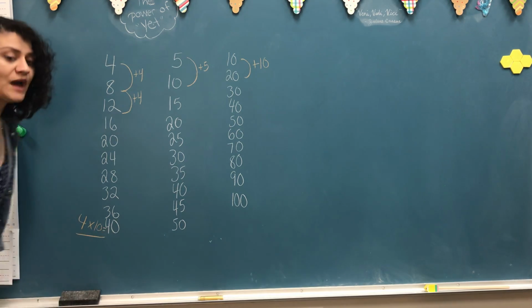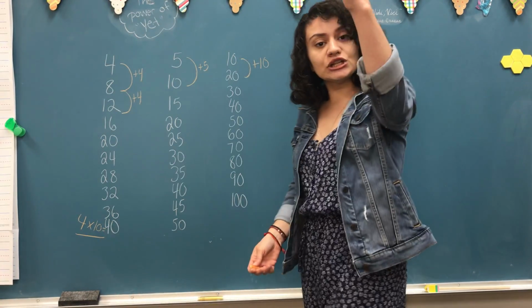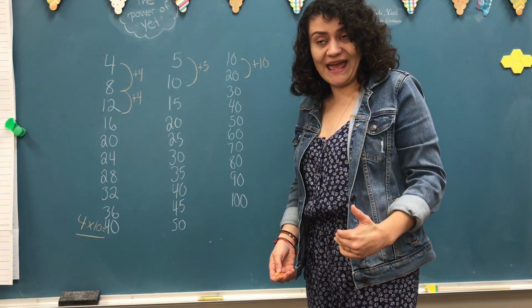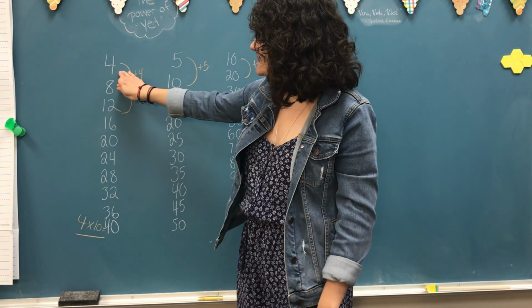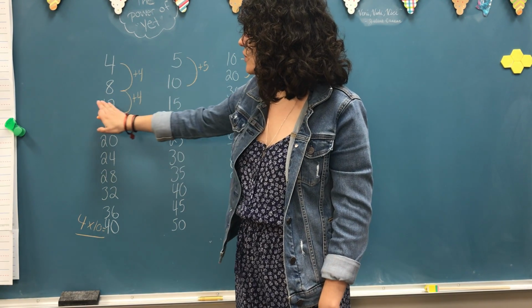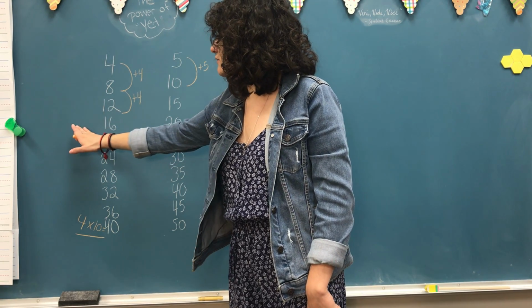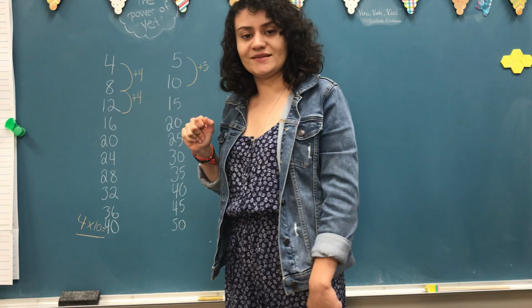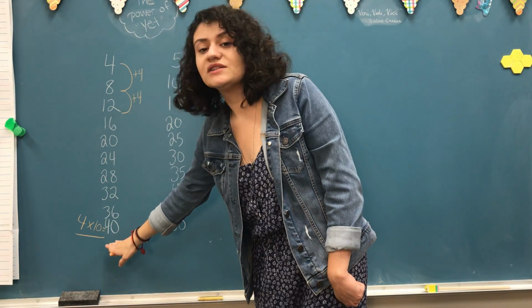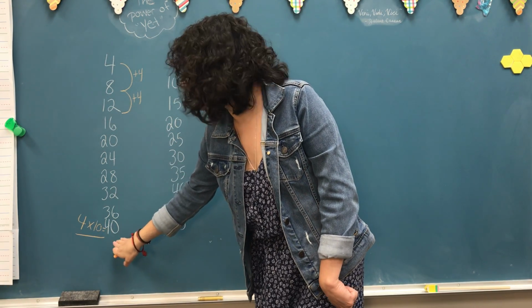That's where we're always going to stop. For now, we're just learning our facts through 10. So what that is saying is 4 times 1 is 4, 4 times 2 is 8, 4 times 3 is 12, 4 times 4 is 16, and so on, all the way until 4 times 10 being 40.